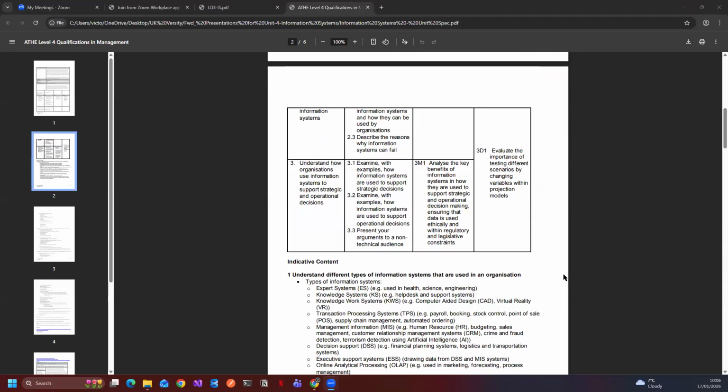So in today's session, again, we're going to be focusing more on understanding how companies are going to benefit by using them in specific situations, and how this allows them to improve the quality of work. So for this session, we have 3 learning outcomes, which are also followed by a merit and a distinction activity.